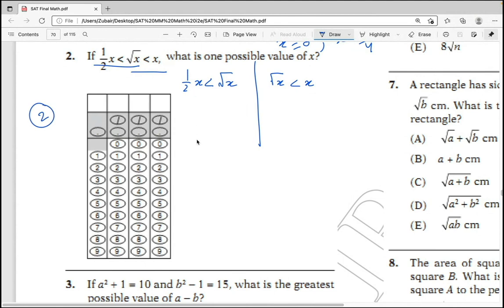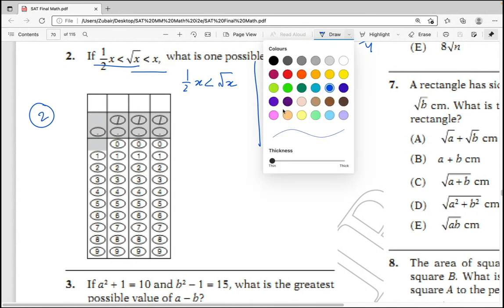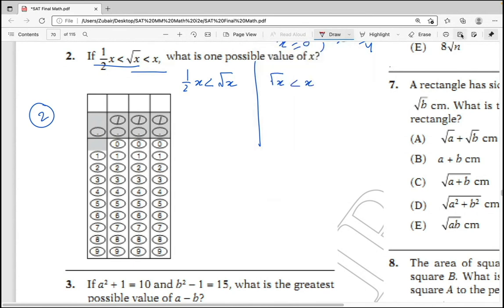So for the inequality on the left, you just square the left side, right? So it'll be 1/4 x squared, right? Yeah, we can do that. x square by 4 is less than x. And then we can rearrange, multiplying it first. x square minus 4x is less than 0, taking out x common.